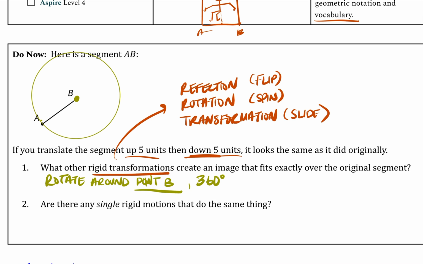So I spin it, do it 180, it's going to be over here. And then if I do another 180 that adds up to 360, I'm going to end up back where I started.